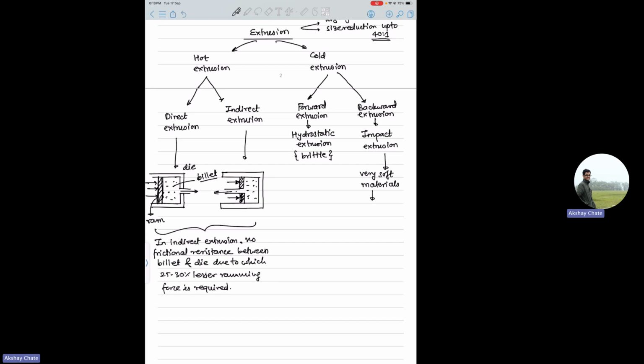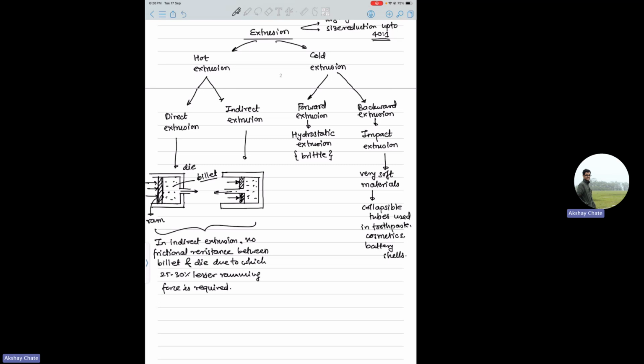And a famous MCQ question comes from this: collapsible tubes. Collapsible tubes are made using this, which are used in toothpaste, cosmetics, and battery shells. So these kind of applications are peculiar for impact extrusion.